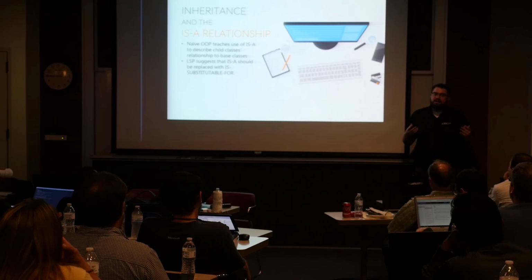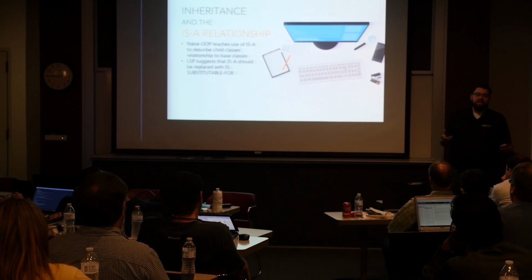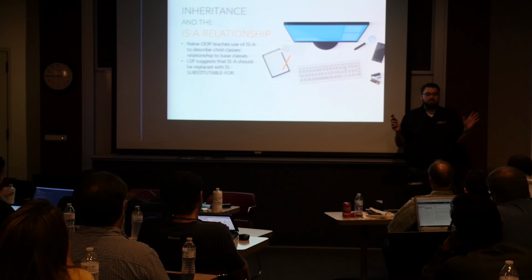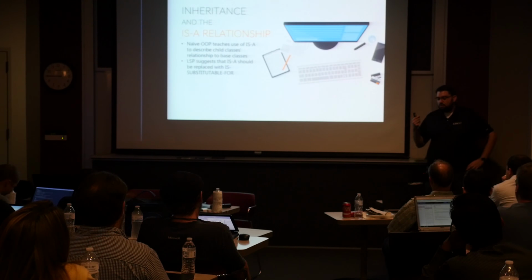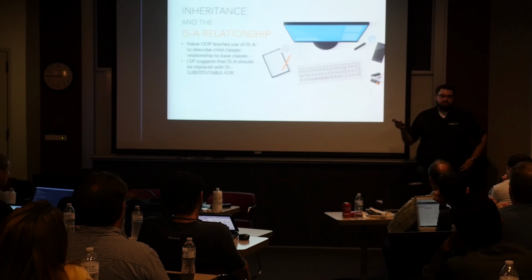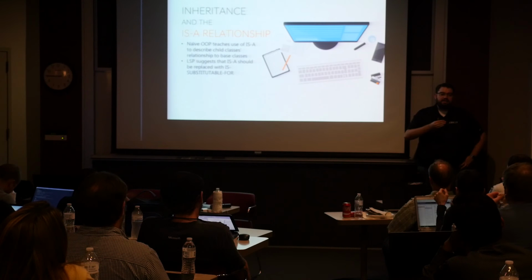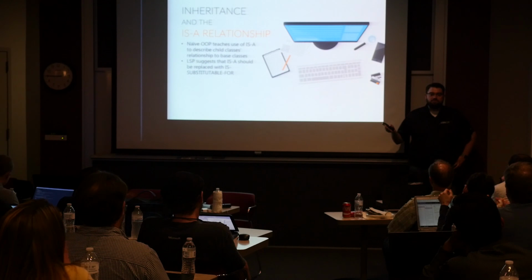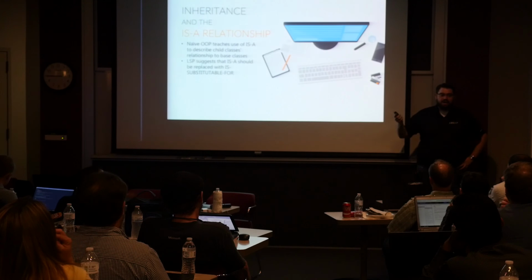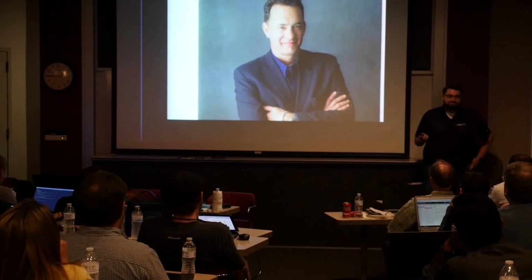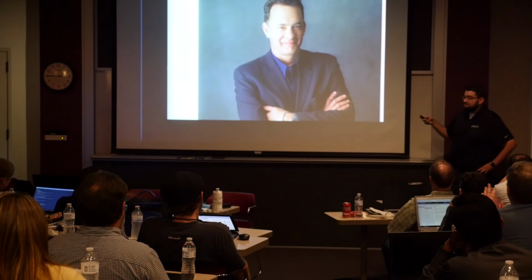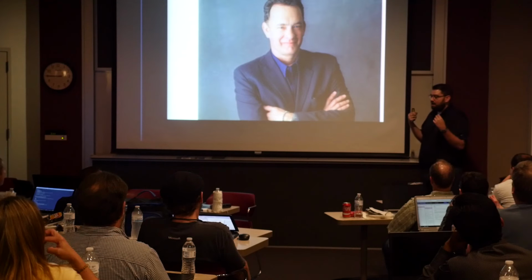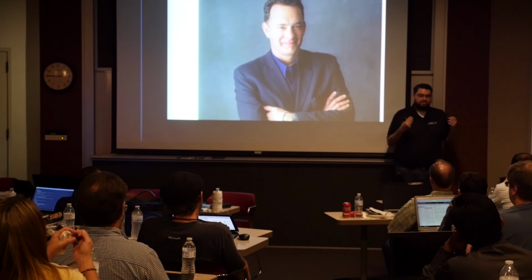To help me understand this a little more, I decided to take a more abstract thought. Let's take a Hollywood actor. We can say that we have a base type of Hollywood actor, and of that, we have Tom Hanks. So Tom Hanks is an actor. There are certain properties and things that means.